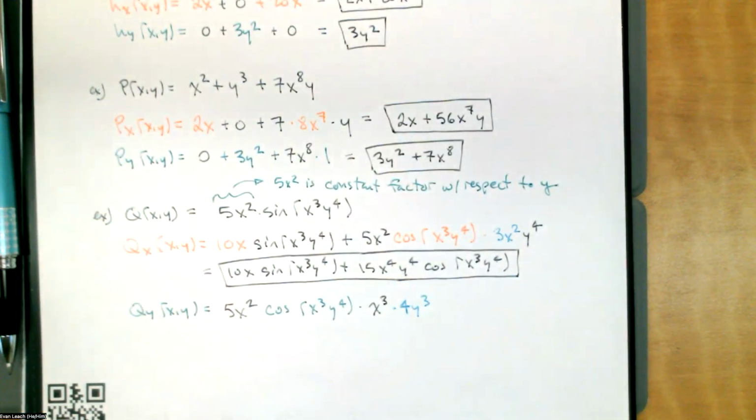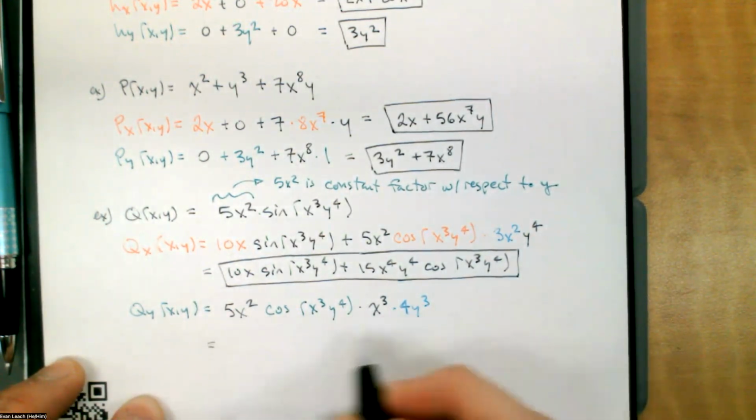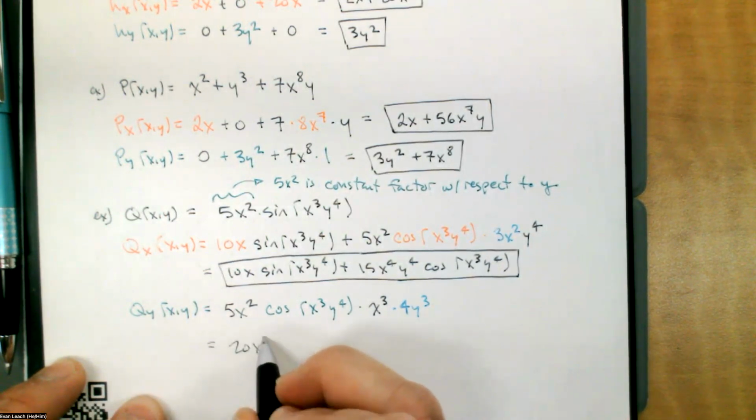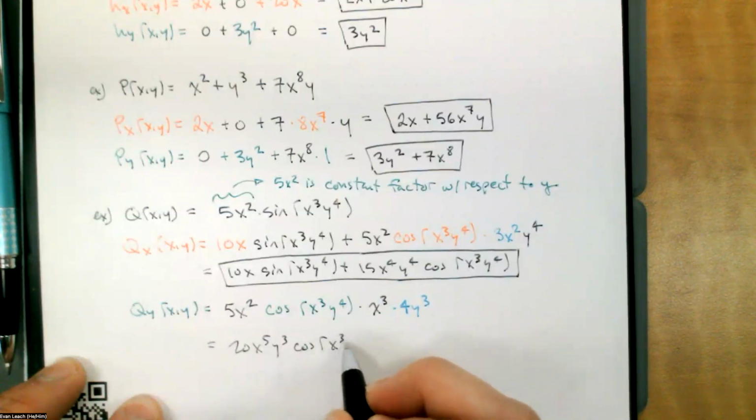So we only ended up with one term in the derivative with respect to y. We didn't use the product rule because we only had one factor that was a function of y. 20 x to the fifth, y to the third, cosine x cubed, y to the fourth.